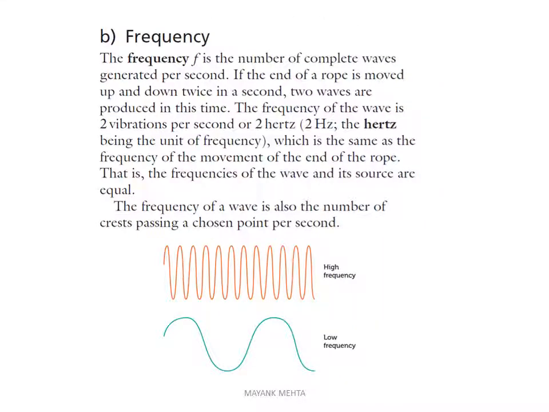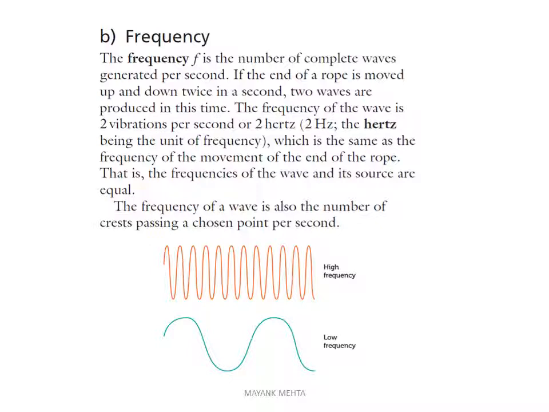Now frequency, the second terminology that is widely used, that is denoted by f, small f you can use, is the number of complete waves per second. So per second, how many complete waves you can generate, that number is known as frequency.